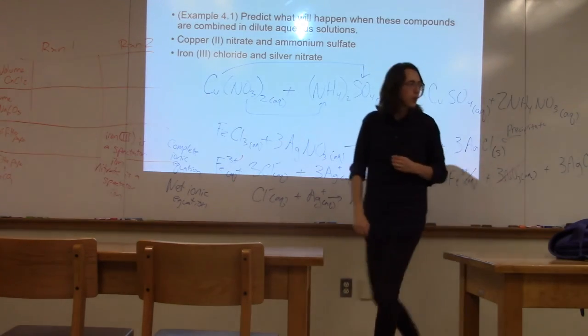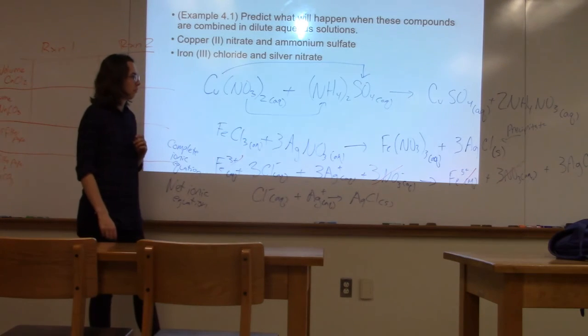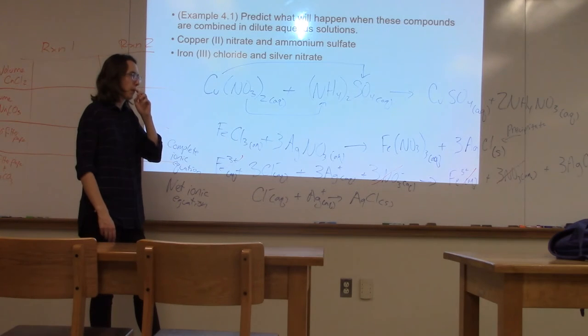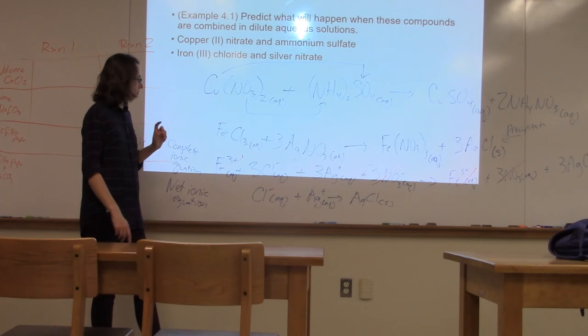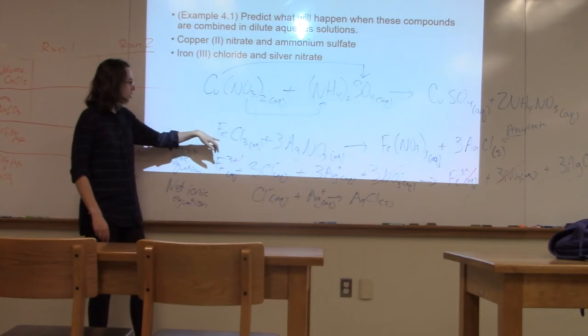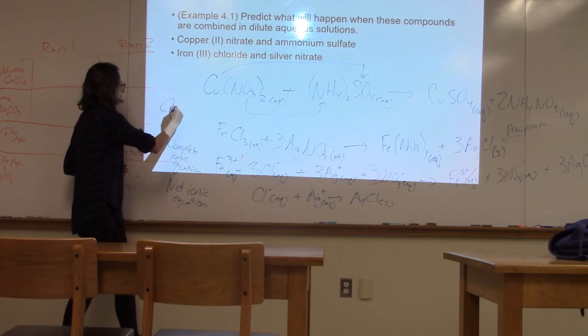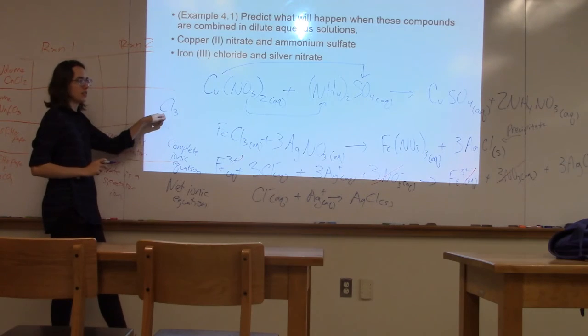Why for this equation do you put the 3 in front instead of using the subscripts? Because in solution, it's not 3 Cls together.